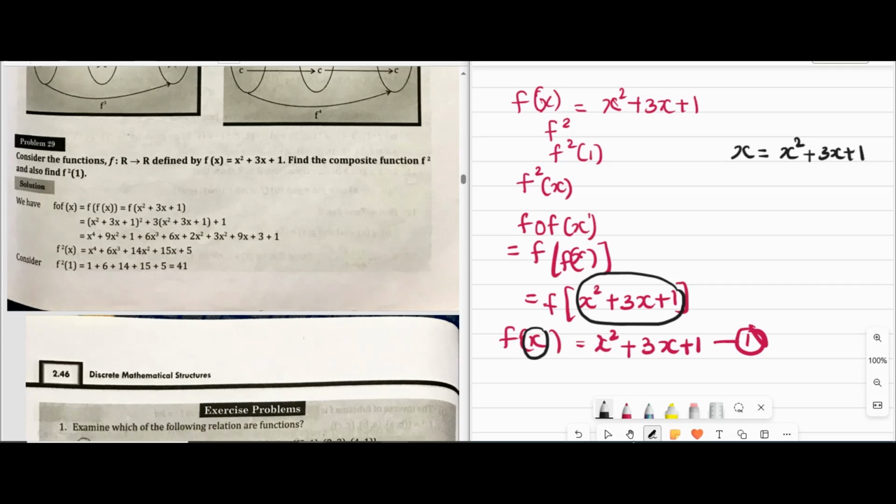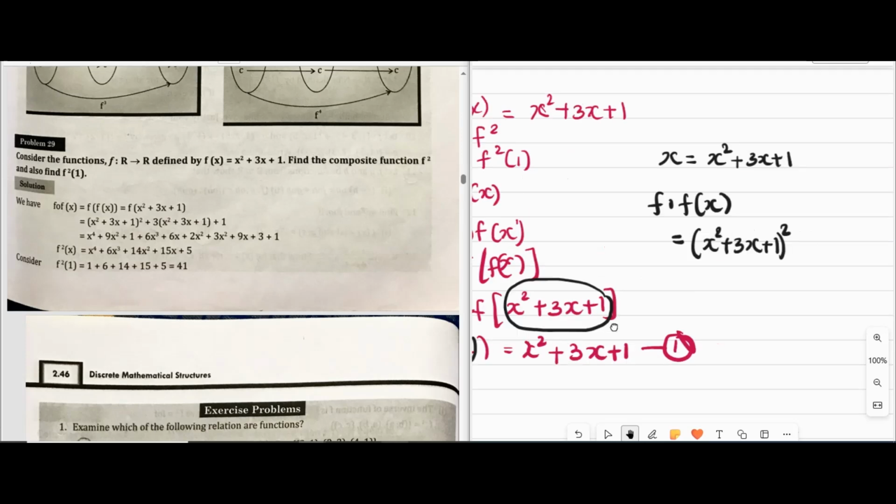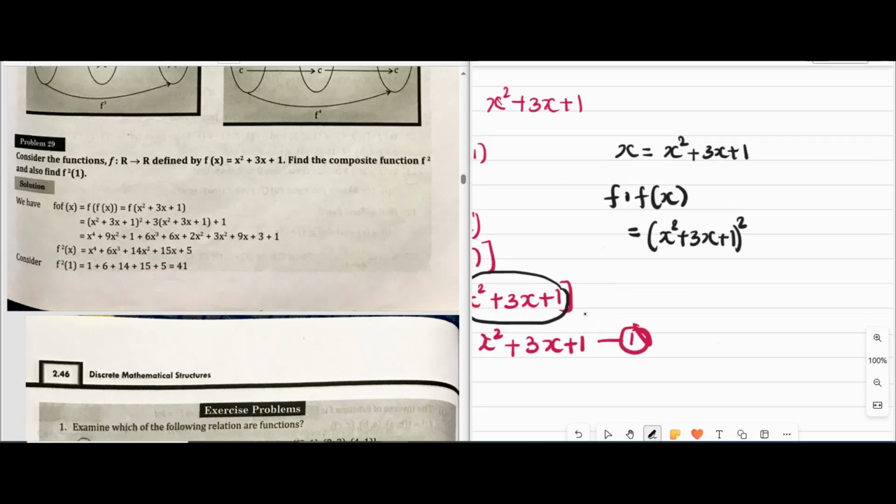So if you substitute in equation 1, f of f of x will be equal to x square plus 3x plus 1 whole square, plus 3 into x square plus 3x plus 1, and then plus 1 again.